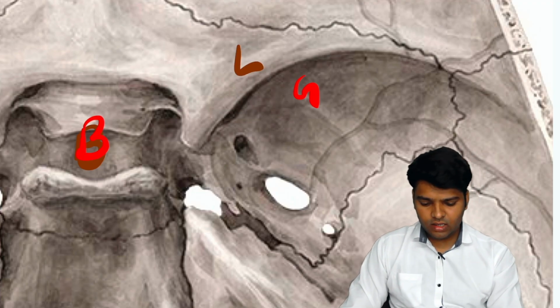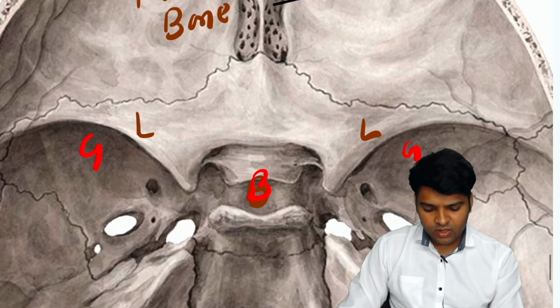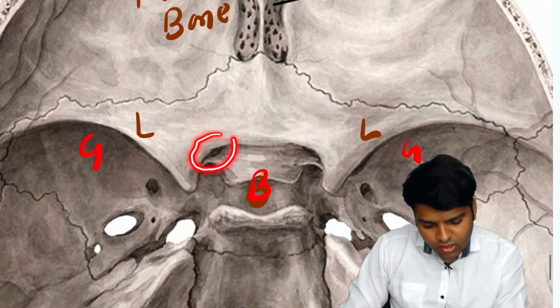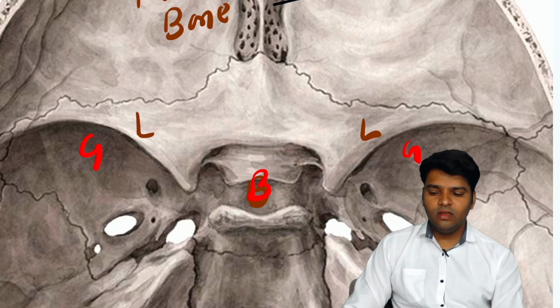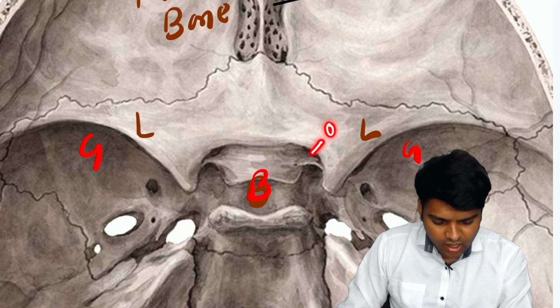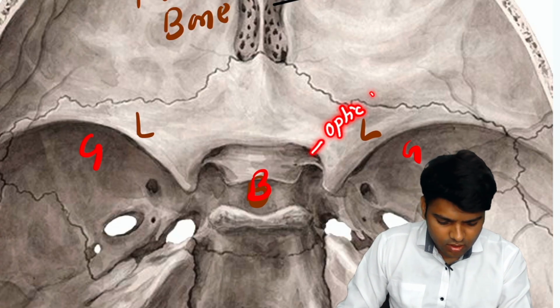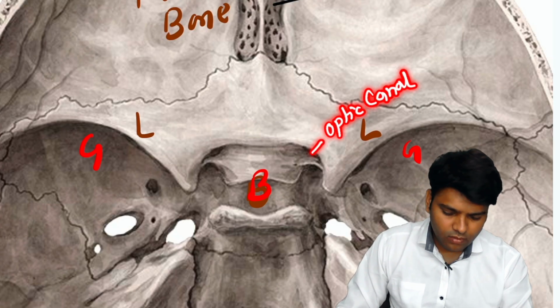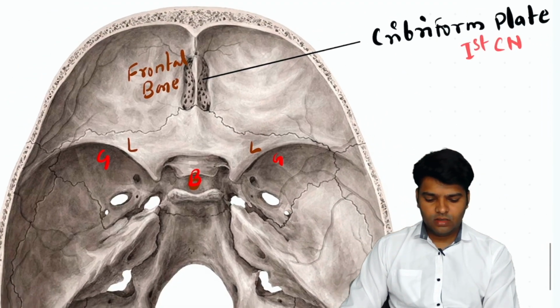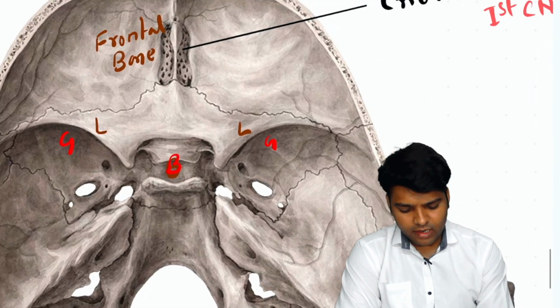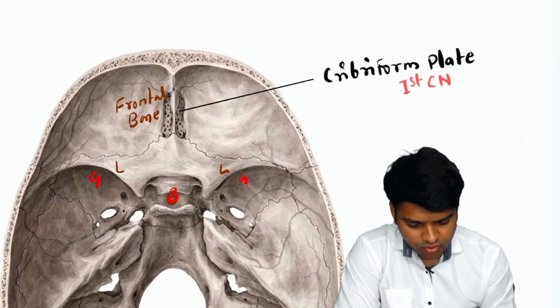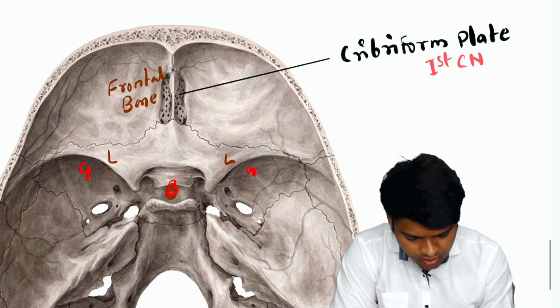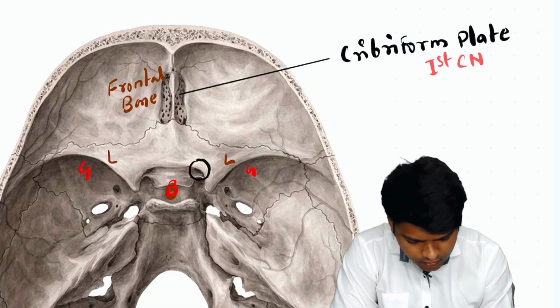But before that, at the level of the body, you can see this opening, which is called the optic canal. At the body part, this is the optic canal. So first of all I will write here: optic canal.